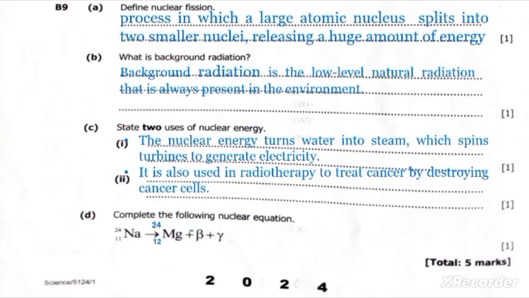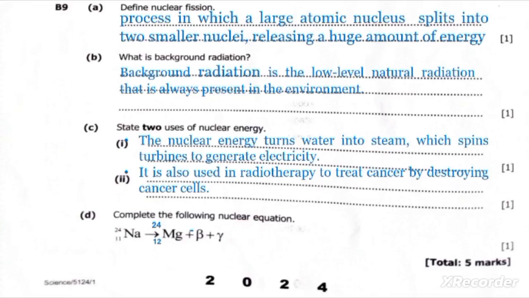If you remember very well, there is a question that we answered in section A. We were asked to give the charges of alpha, beta, and gamma, and we said the charge of the beta radiation is negative. No wonder we have added a negative here. So we have completed the nuclear equation.